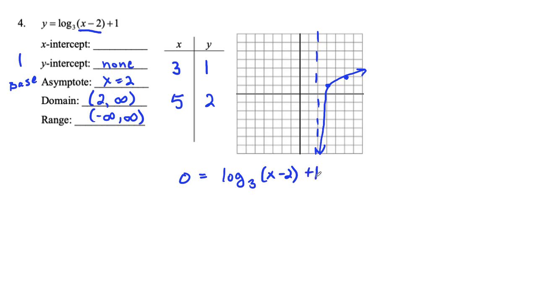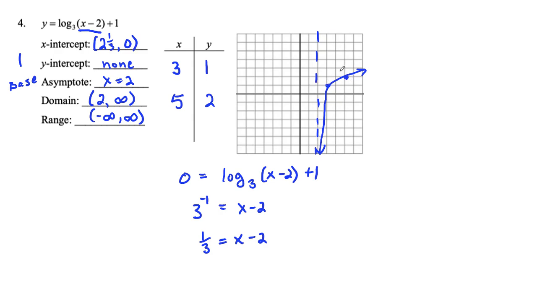I'm going to move this 1 to the other side, and then change it into exponential form. So in the process, I'm going to get 3 to the negative first power equals x minus 2. I know 3 to the negative first power is 1/3, so 1/3 equals x minus 2. Then I'm just going to add 2 to both sides. So I'm going to end up with an x-intercept of (2 and 1/3, 0).